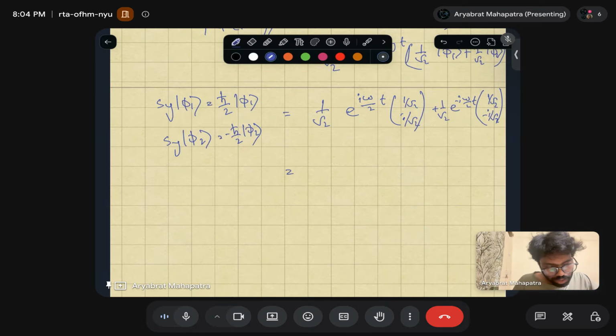If you write it down, your final psi of t will be cos omega t minus sine omega t.